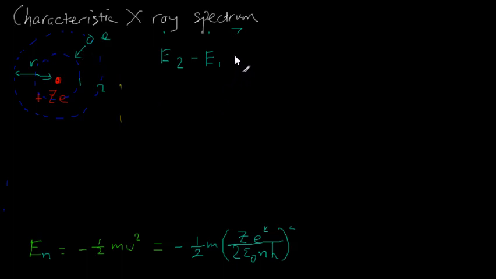So in order to calculate this, all we need is to substitute. For E2, we just need to substitute the 2 into the n there, and 1 into the n for E1.